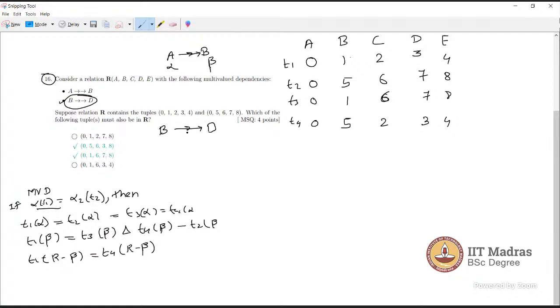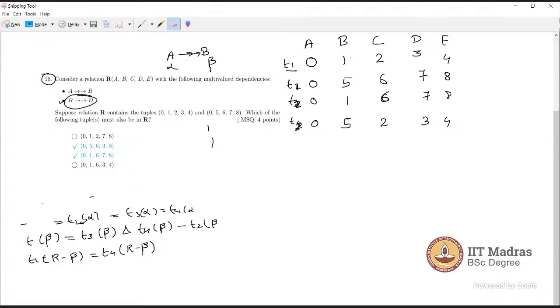Here alpha is B and beta is D. Consider this one as T1 and this one as T2, or the other case, consider this one as T1 and this one as T2, because alpha T1 must equal alpha T2. Now there will be two possibilities. I will erase this condition. I hope you remember this one.